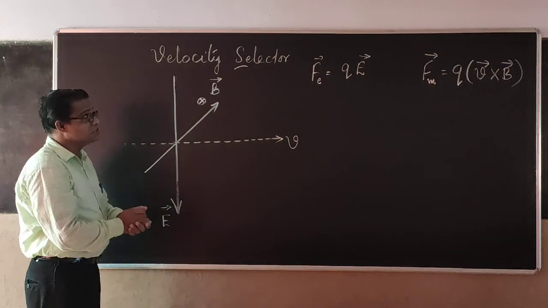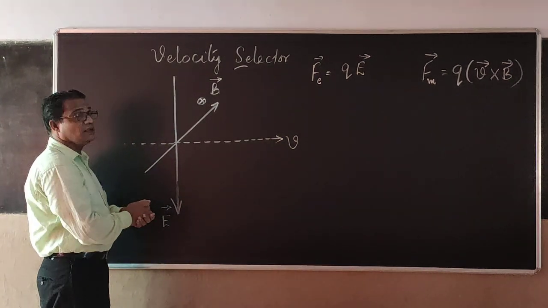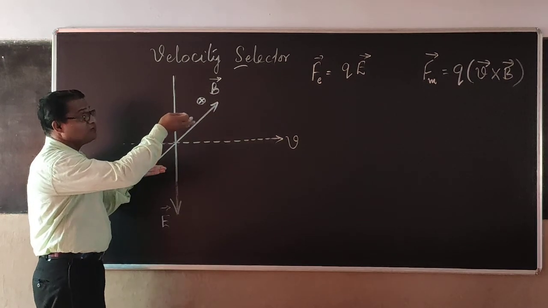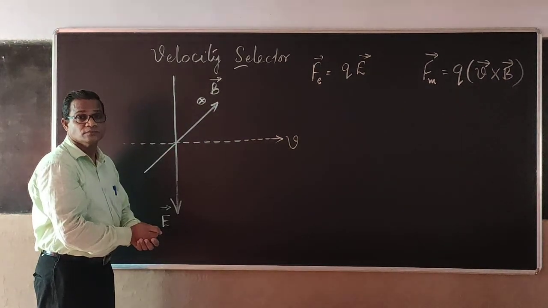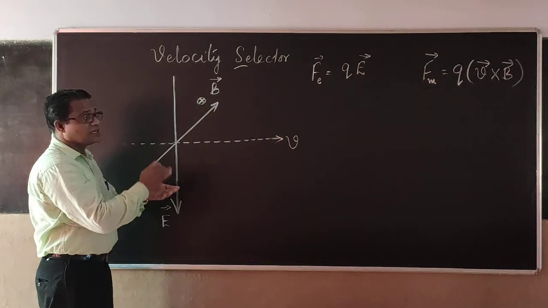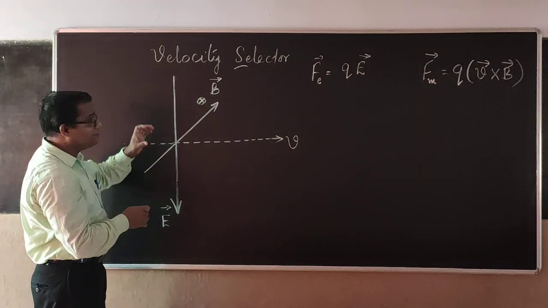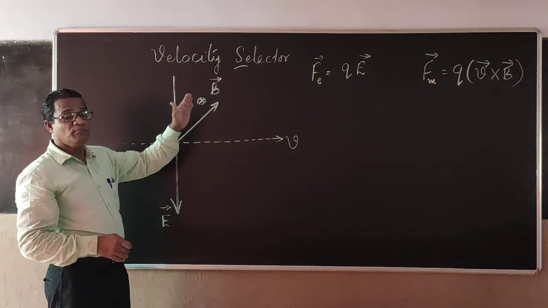Now, those particles which are influenced by a large value of electric force will be turning downward, and those particles which are influenced mostly by the magnetic field will be going up.